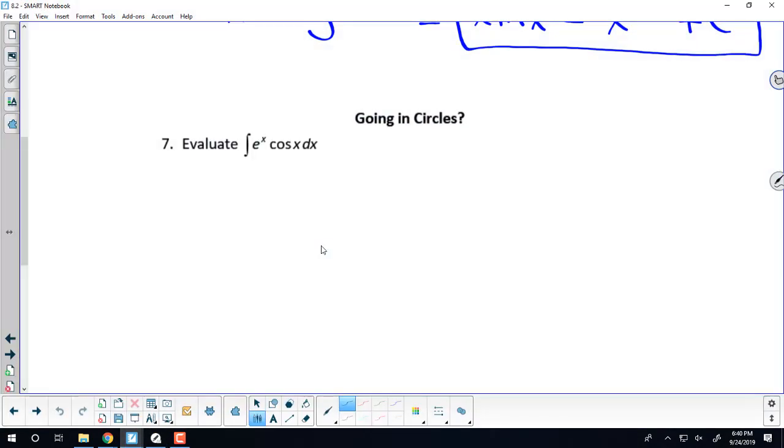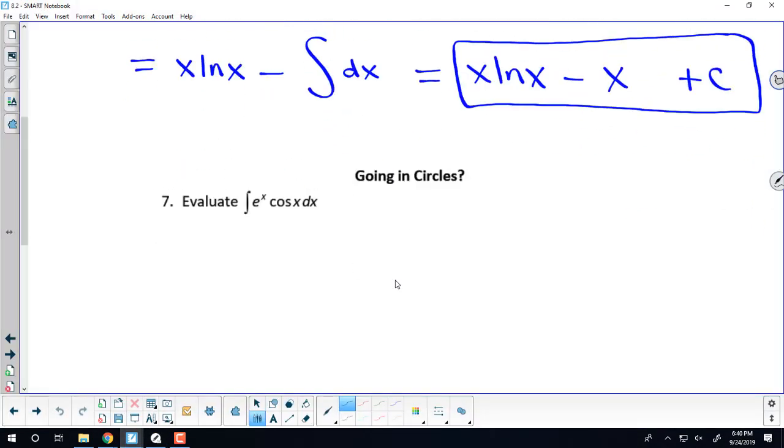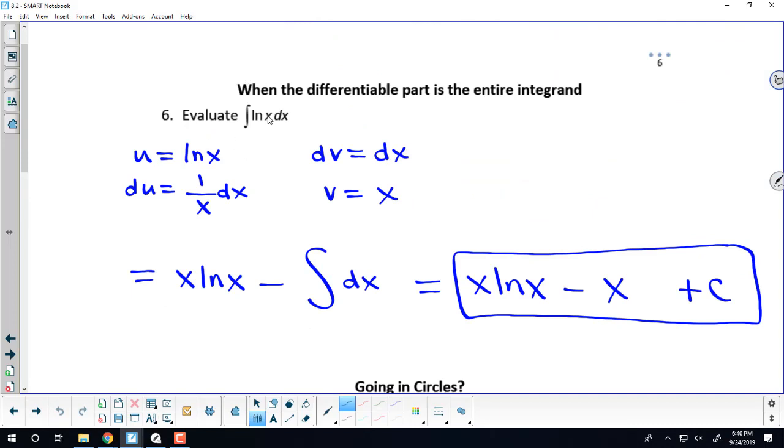So then we left off in 8.2, integration by parts. The last one we looked at is the integral of ln x with respect to x, being x ln x minus x. I think that's a common enough function that you should just remember that integral.